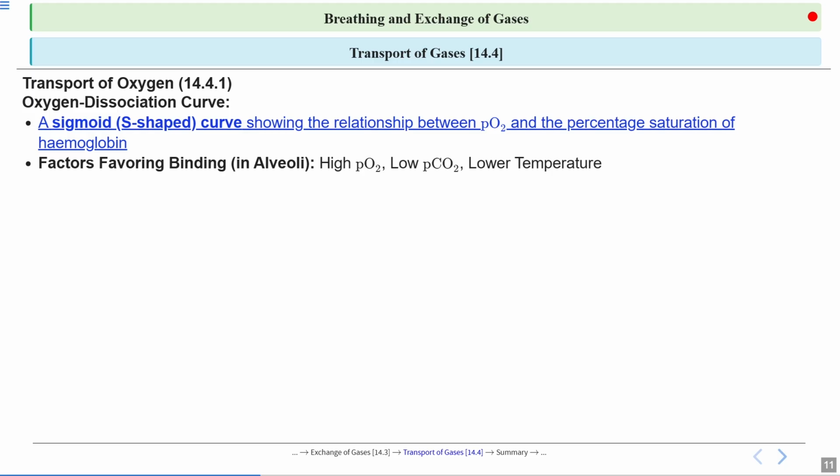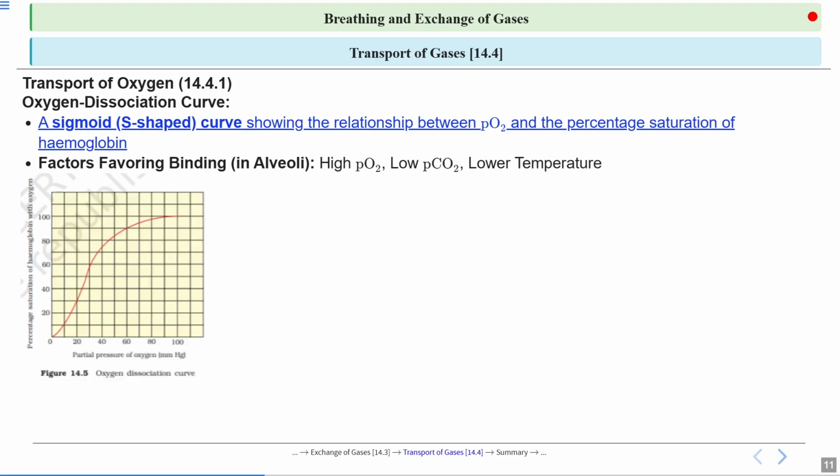Low partial pressure of carbon dioxide. And one more thing, lower temperature, not high temperature. These are the three things that favor the combining of oxygen with the hemoglobin.